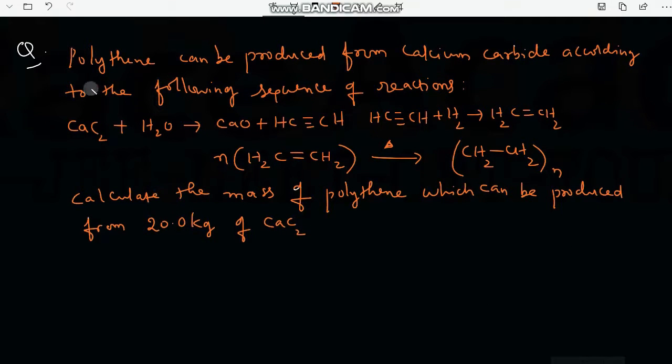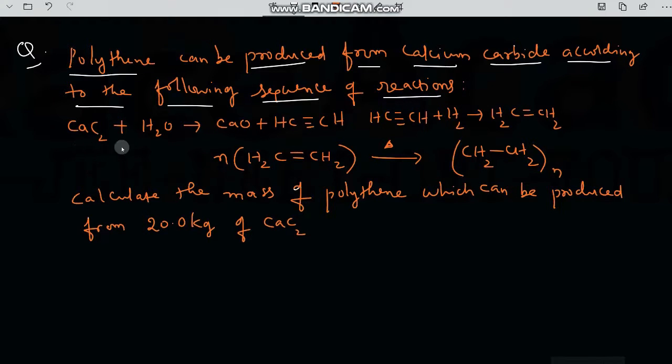See this question. Polyethylene can be produced from calcium carbide according to the following sequence of reactions. Calcium carbide plus H2O gives rise to calcium oxide plus acetylene.